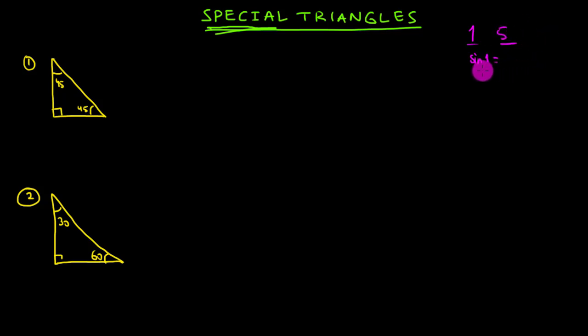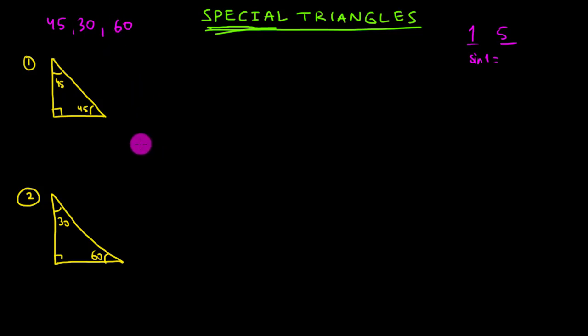But there are some angles whose values can be obtained using right triangles. They are 45, 30, and 60.